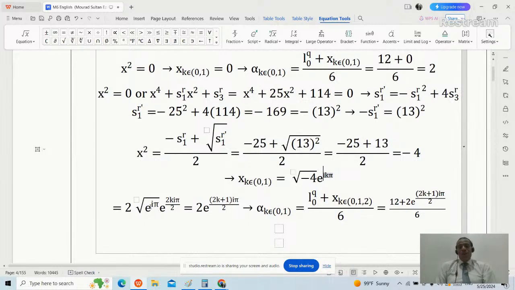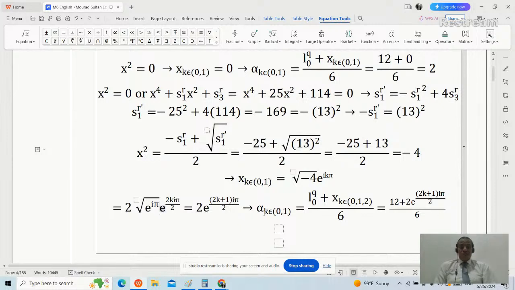Then root of exponential iπ will give you, learners, exponential iπ over 2. You have the same base, different indices, so you should add to get 2 exponential (2k plus 1) iπ over 2. Therefore, these are the roots of x², the roots of the new polynomial that I got under the S0, S1, S2, S3, S4, S5.